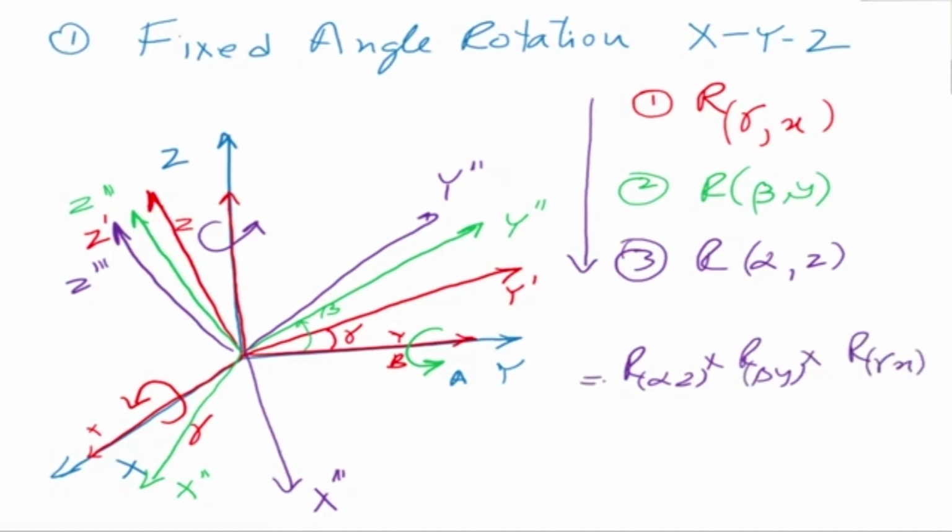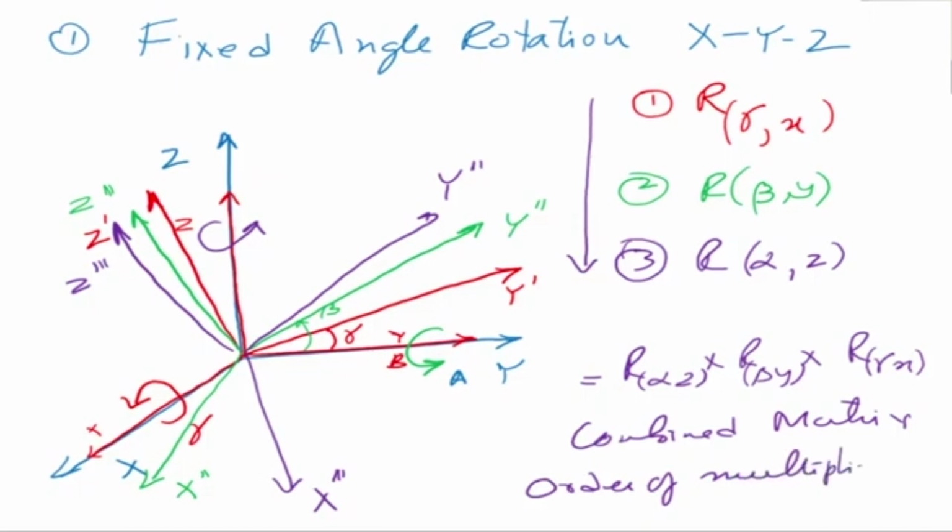This is my combined rotation matrix, and the order of multiplication is reversed. You can note that, right? We first rotated by gamma, then beta, then alpha, but when I'm multiplying it, it's becoming alpha, beta, gamma. I'm reversing the matrix multiplication.